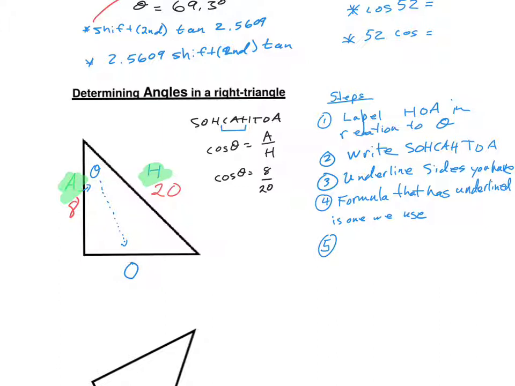Now stage 5, change the ratio into a decimal. So now you end up with cosine of theta is equal to 0.4.